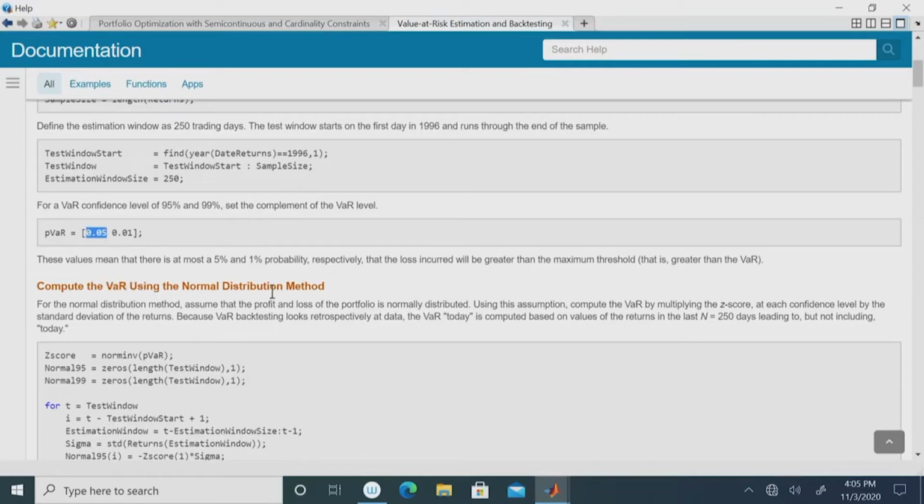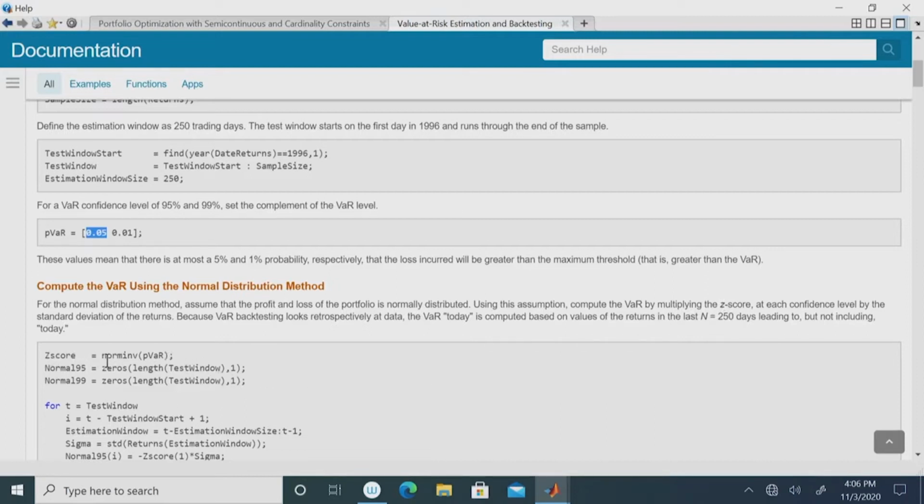That means it gives that particular value such that 5% of the area lies to the left of it on the x axis. So, we first set the z score and keep it ready, because we have to do it just one time.